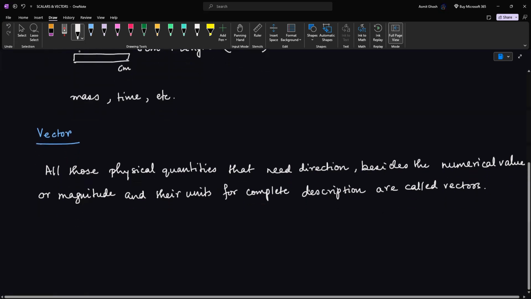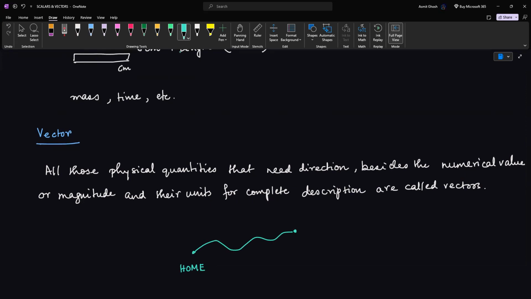Let's say this is the coordinate of your home, and you are moving along this path to reach your school. So distance is the length of the path. It is a scalar quantity since it does not depend upon the direction in which I am going.